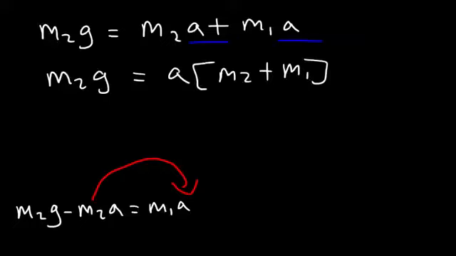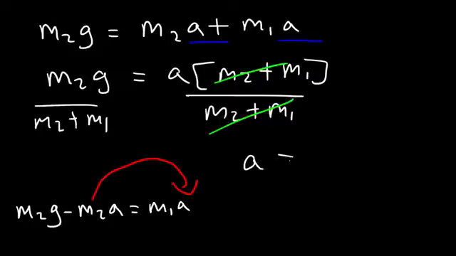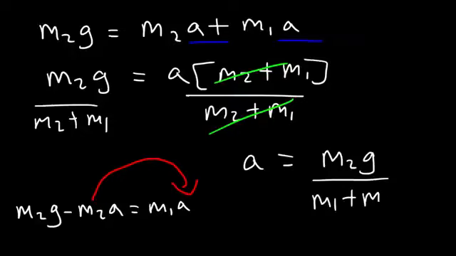Now to get a by itself, we need to divide both sides by m2 plus m1. So the acceleration of the system is m2g divided by m1 plus m2. So this is the answer.